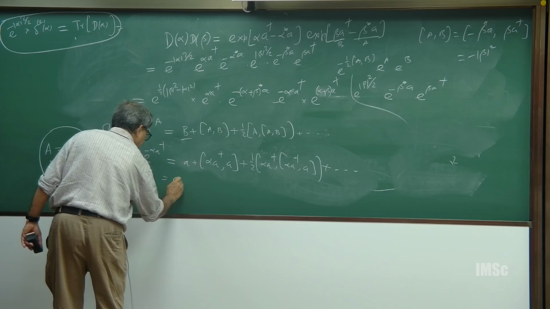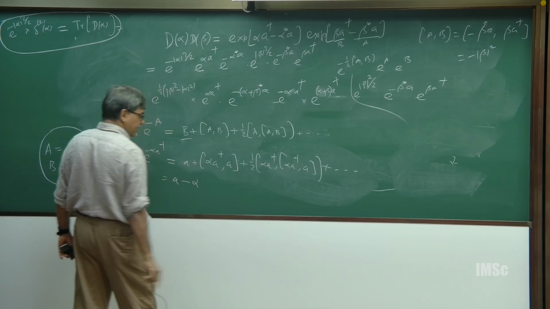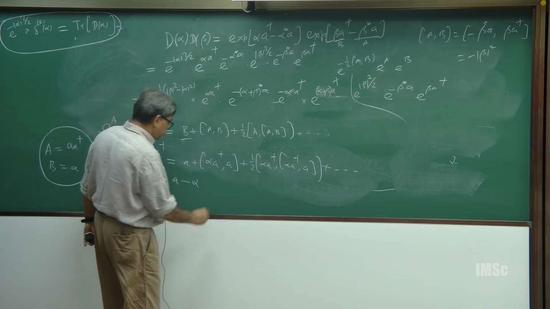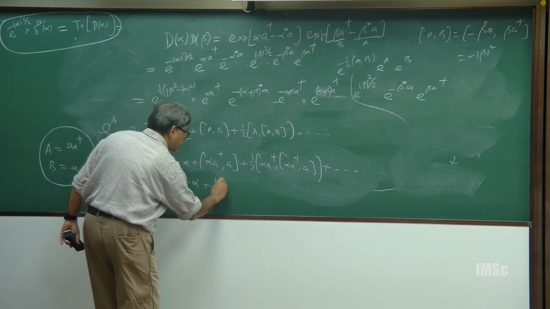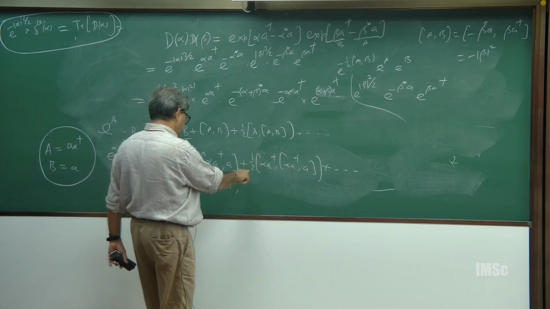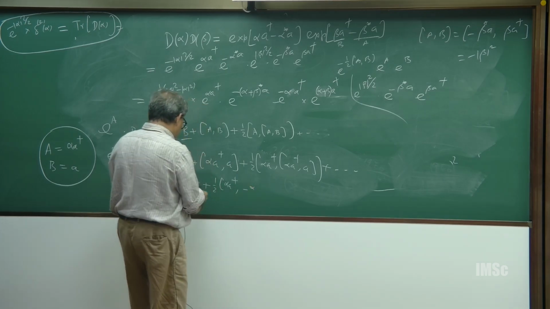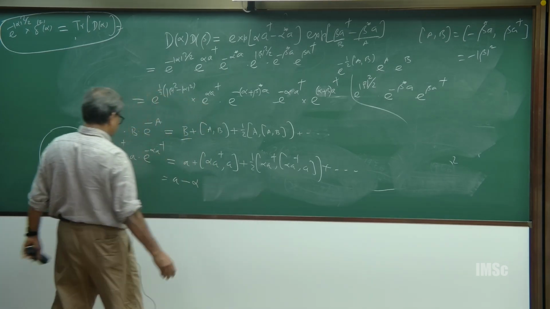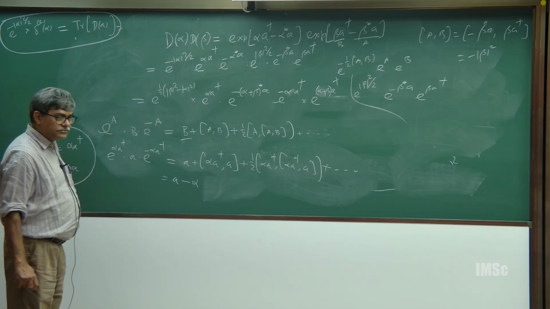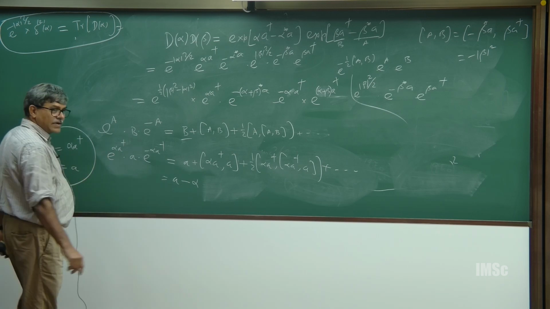So, this is A minus alpha, and what about this? Plus half, this is alpha A dagger, and this is minus alpha, of course this is 0. So, therefore, this is what you will get, okay, A minus alpha, right. Okay. So, this is A minus alpha.